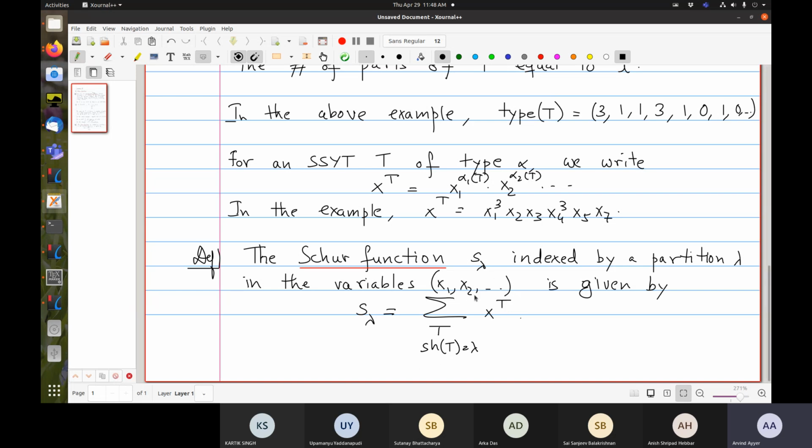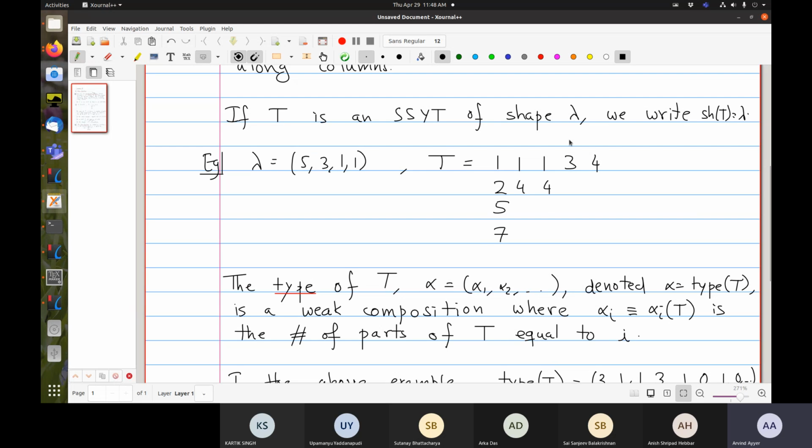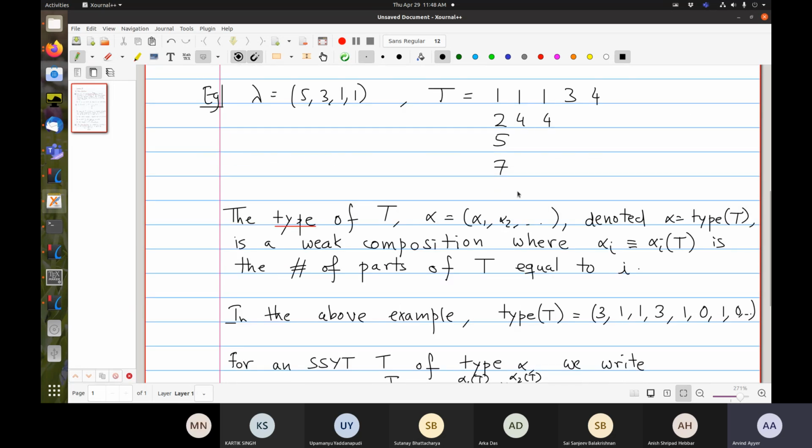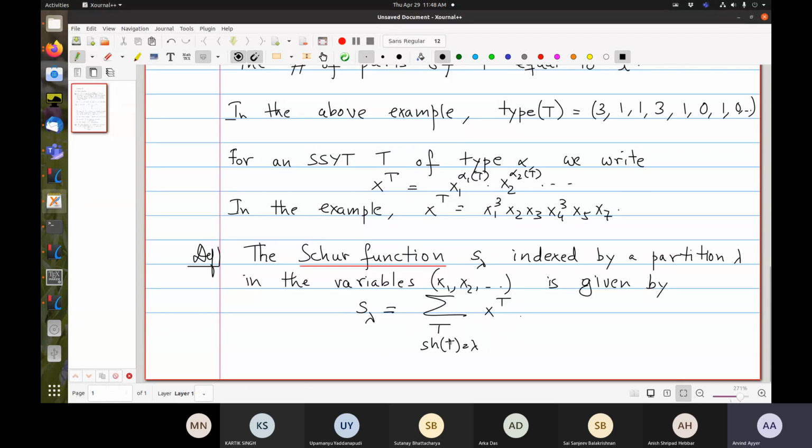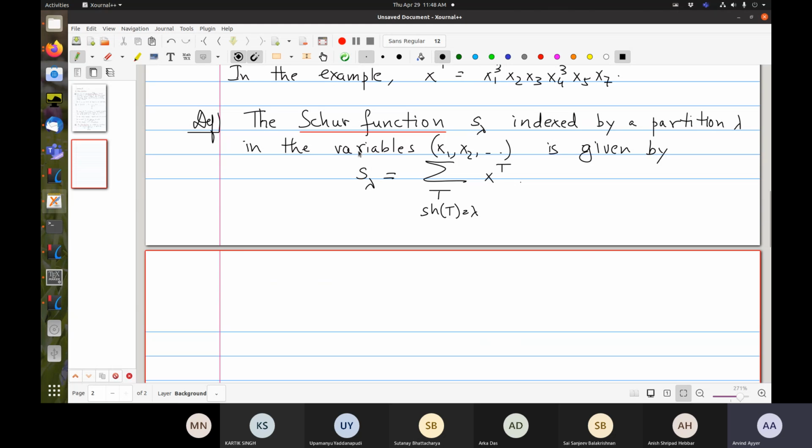Okay, so you take all possible semi-standard tableaux, and for each of them you look at the type and you take x to the T, and you construct this formal power series. So it's an infinite series because there's no bound on the size of the maximum integer.